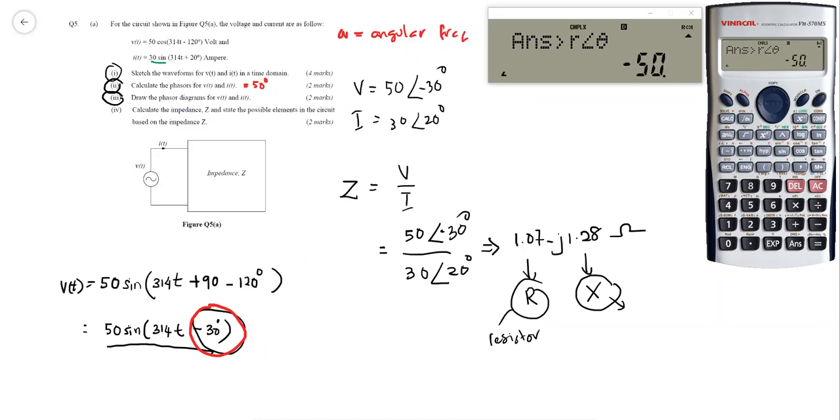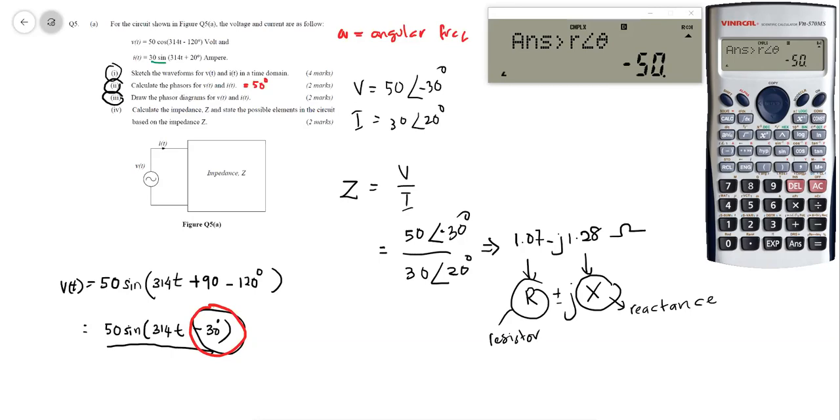Reactance. Yes, reactance. You need to memorize this.